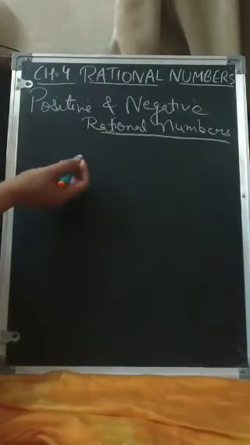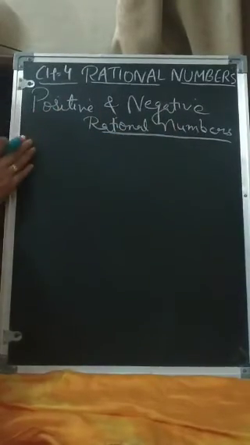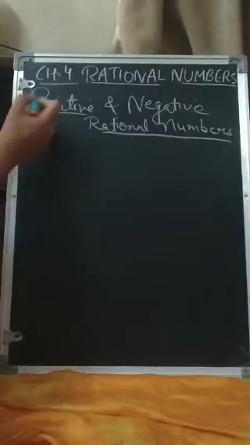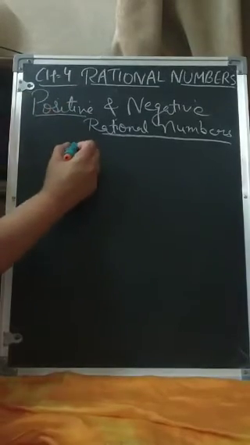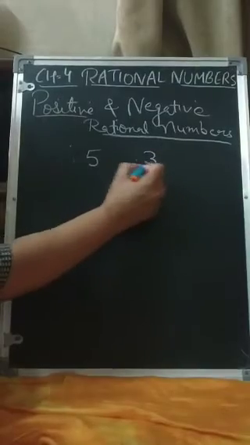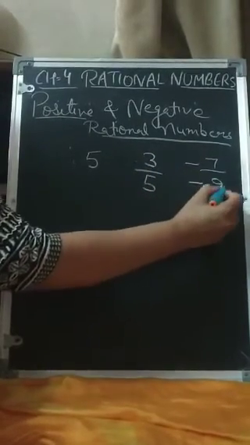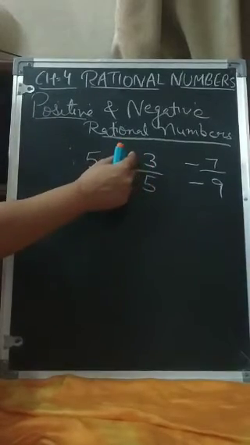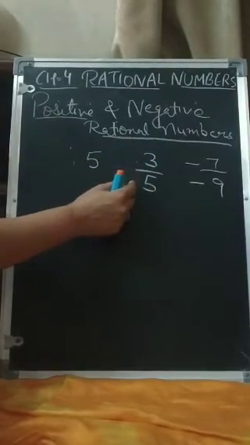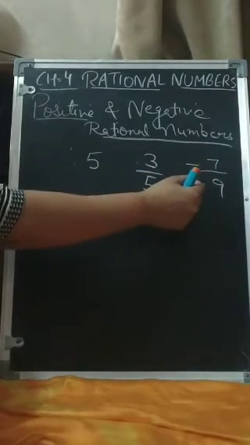Now you learn about positive and negative rational numbers. Those rational numbers are called positive when, like 3 over 5 or minus 7 over minus 9, either the numerator and denominator both are positive or both are negative.